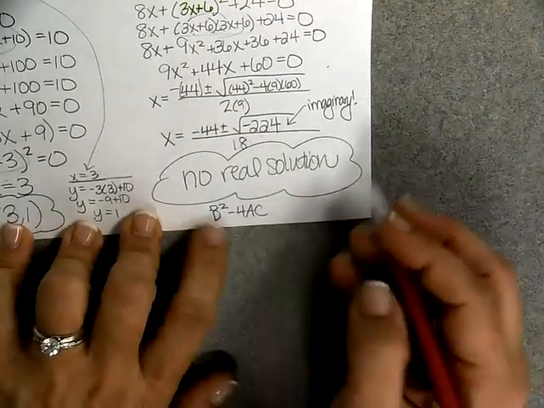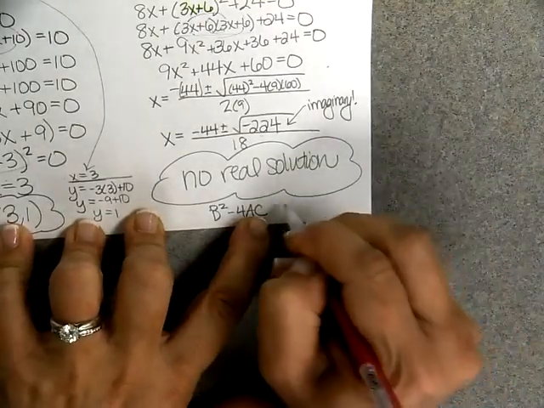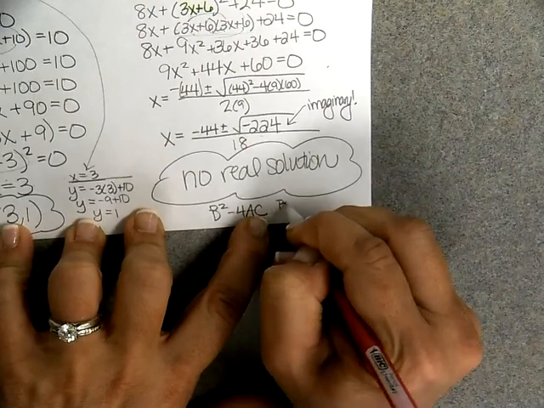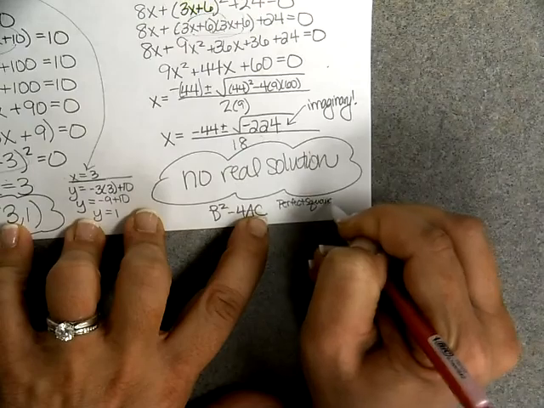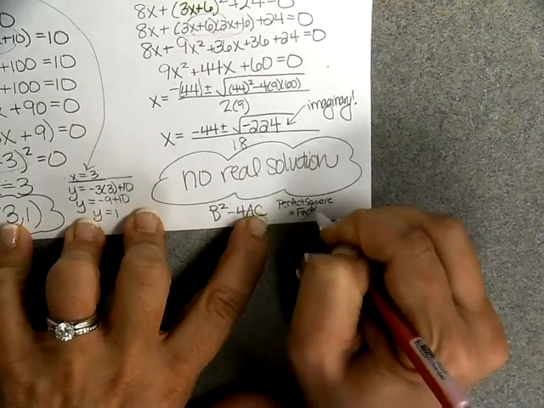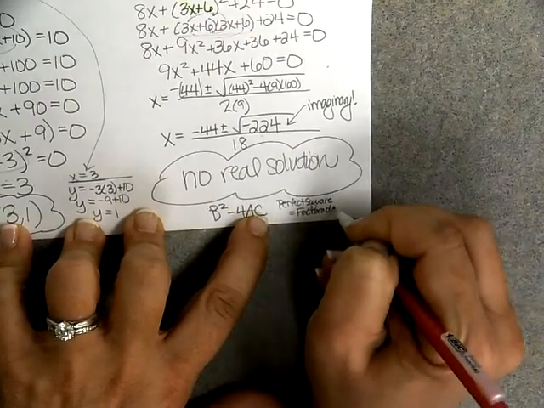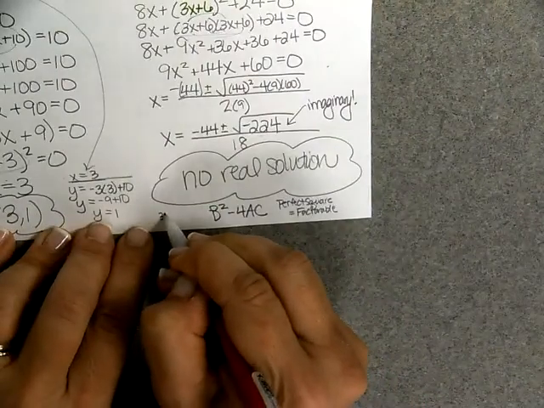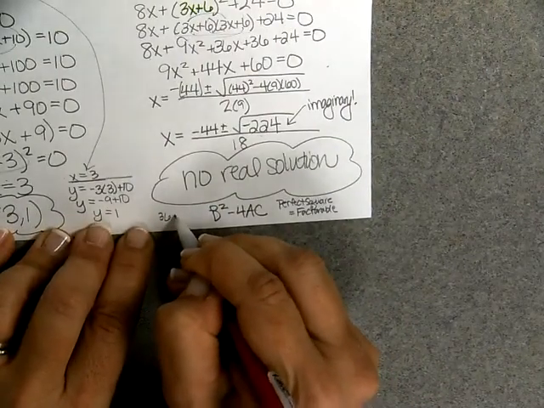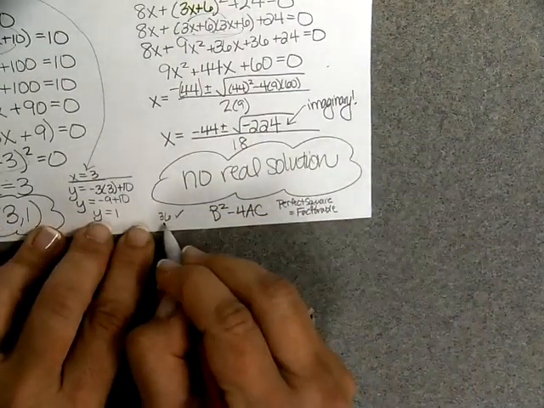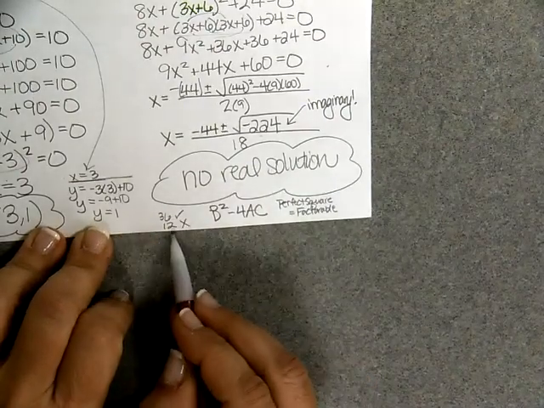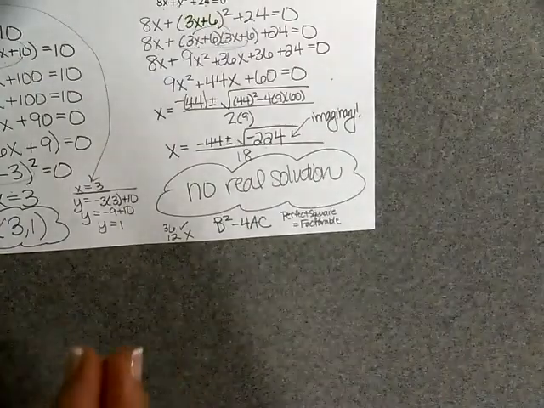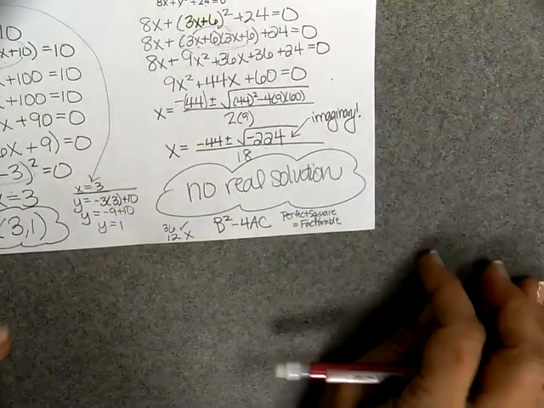But the discriminant trick, you guys, is that if your discriminant is a perfect square, then it's factorable. So if you got a discriminant that was 36, that means you can factor. If you got a discriminant that was 12, that's not a perfect square. That means you can't factor it. Use the quadratic formula. That's just a little trick. I'll throw that in for today.